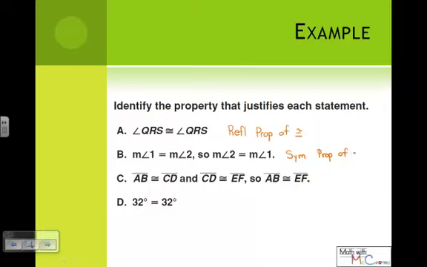Notice that there are equals there, no congruence. If segment AB is congruent to CD and CD is congruent to EF, then AB is congruent to EF. That is the transitive property of congruence. And lastly, 32 degrees equals 32 degrees is the reflexive property of equality.